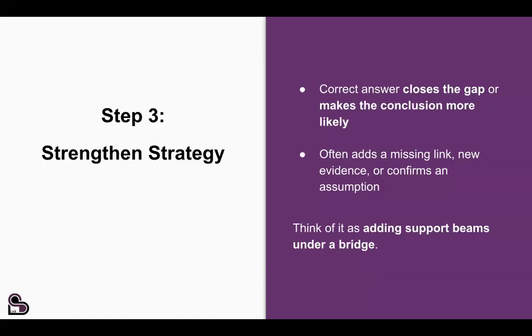It gives more definition that yes, the theory the author is presenting is right. Think of it as adding support beams under a bridge. Much like the term strengthening, the correct answer in a strengthening question makes what the author has said more correct, more accurate.